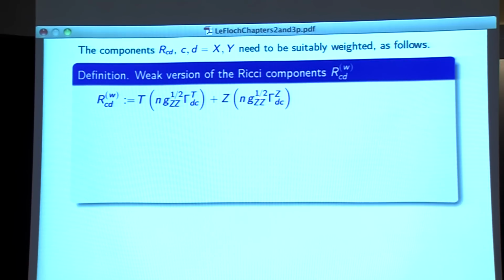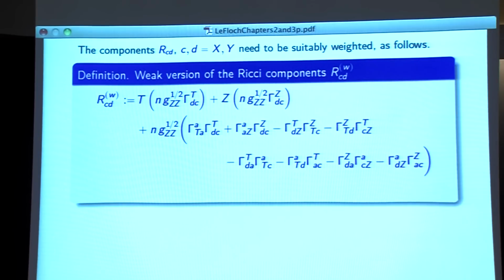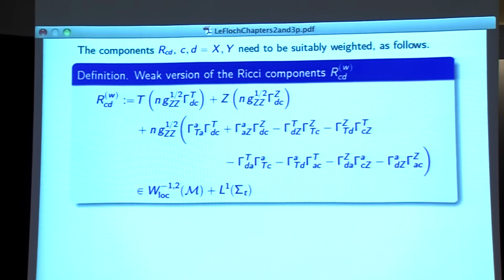Then you have a z derivative of another gamma component, etc., and a lot of terms. Now these terms turn out to be all well defined, and it gives you a derivative of something in L2 plus a function which is in L1.